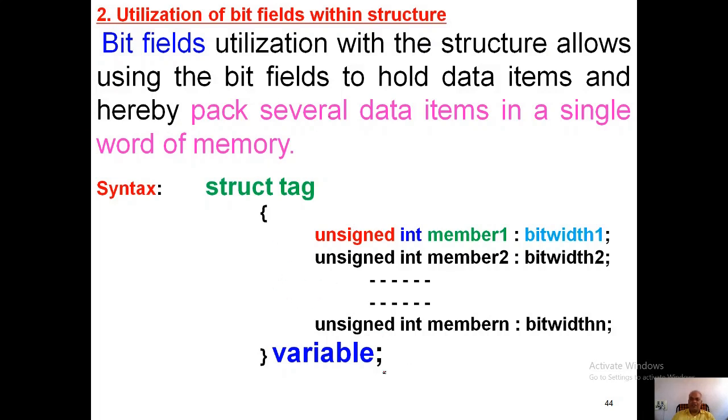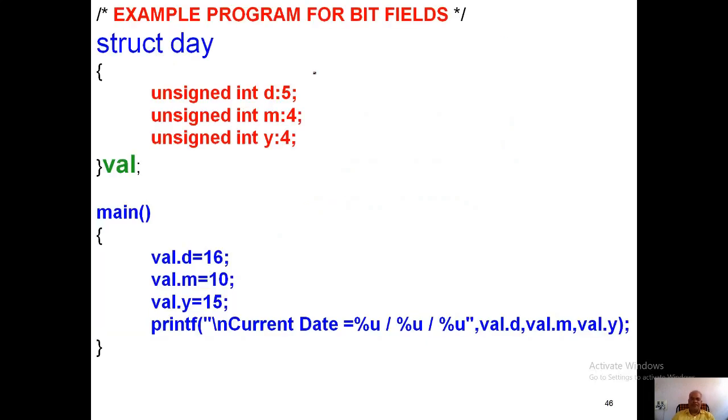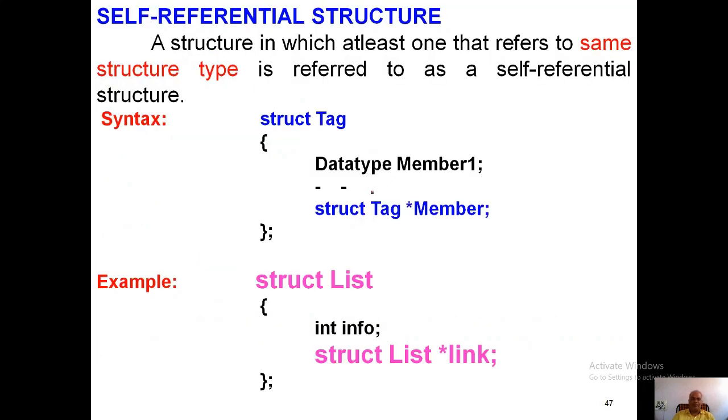So here we are going to declare the structure in a similar way, specified with the assignment operator, like this: int x colon 5, y colon 4, z colon 5. Always you need to declare the variables in this way, that is, bit field specifications. The same example program we are going to refer to.